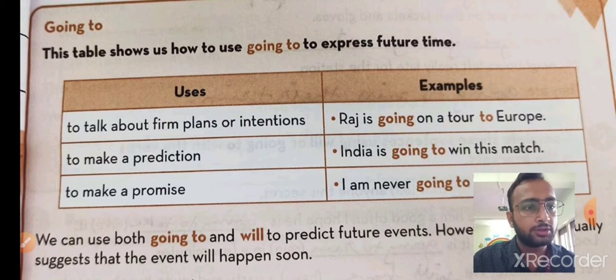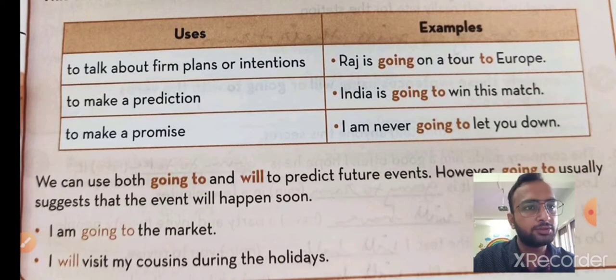Raj is going on a tour to Europe. Firm plan means it is a perfect, 100% plan that he will be going on a tour to Europe. To make a prediction: India is going to win this match. To make a promise: I am never going to let you down.